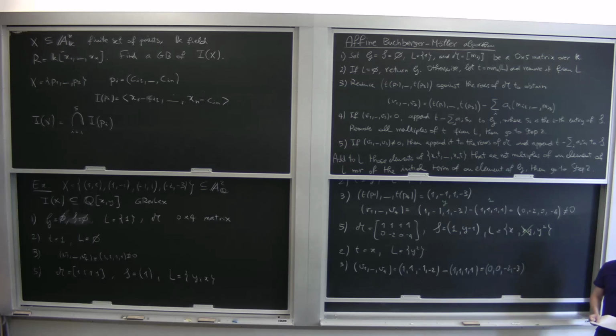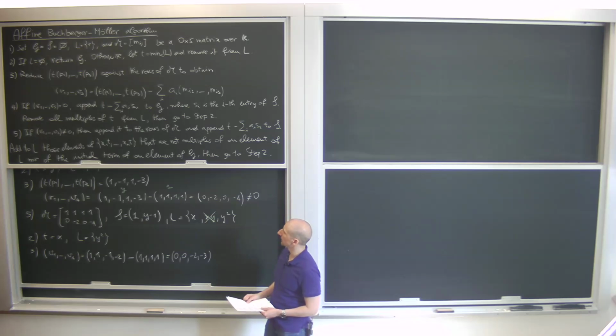This is one of those things that might actually just result in different coefficients that you put in front of your polynomials. This will actually output the reduced Gröbner basis.